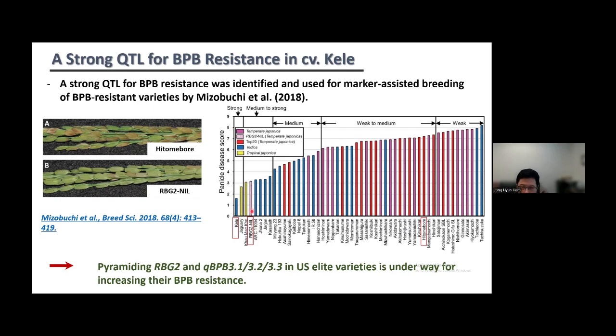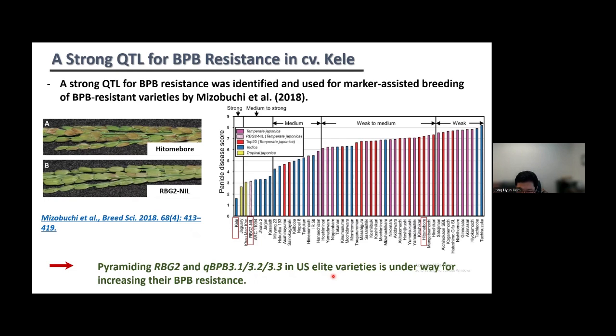So our approach currently, to improve US rice, is introducing this RBG2 and the 3.1 locus from the US variety all together into the susceptible rice to improve disease resistance.